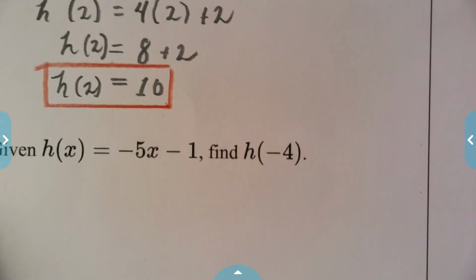Okay, we're given another h of x equals negative 5x minus 1, and now they want h of negative 4.